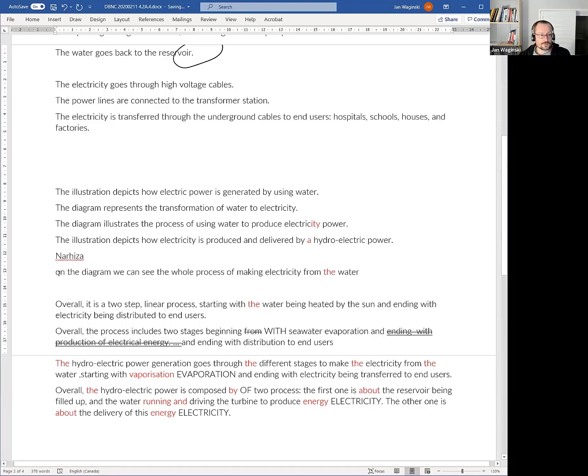Oh yes, your paraphrase here: you can see the whole process of making electricity from water. Okay, standard way to do this, you've got the diagram. So what you're paraphrasing is the diagram shows the process of using water to produce electricity. What's a synonym for diagram? Picture, table. In this case, you can see illustration. Picture. Yes. Illustration.